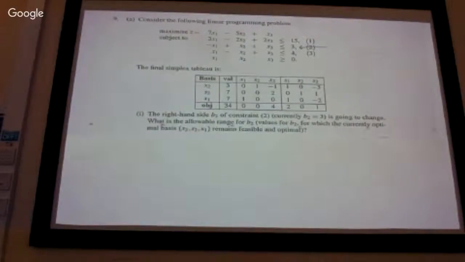So similarly to what we had in the question in the previous lecture, when you're changing the right-hand sides, what's the only thing that's going to change in the tableau?